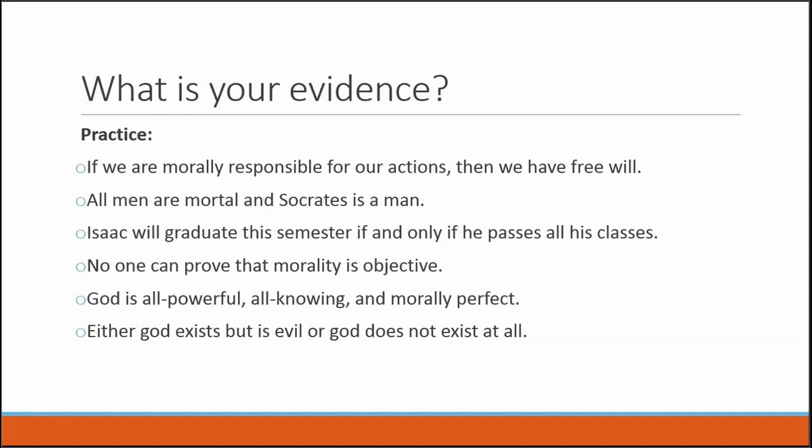Which, if any of these statements, is being asserted? None. None of the simple statements in this sentence are being asserted. The only thing that's being asserted is a logical relationship between the statements, but this author is not claiming that God exists. He's not claiming that God is evil. He's not claiming that God does not exist.